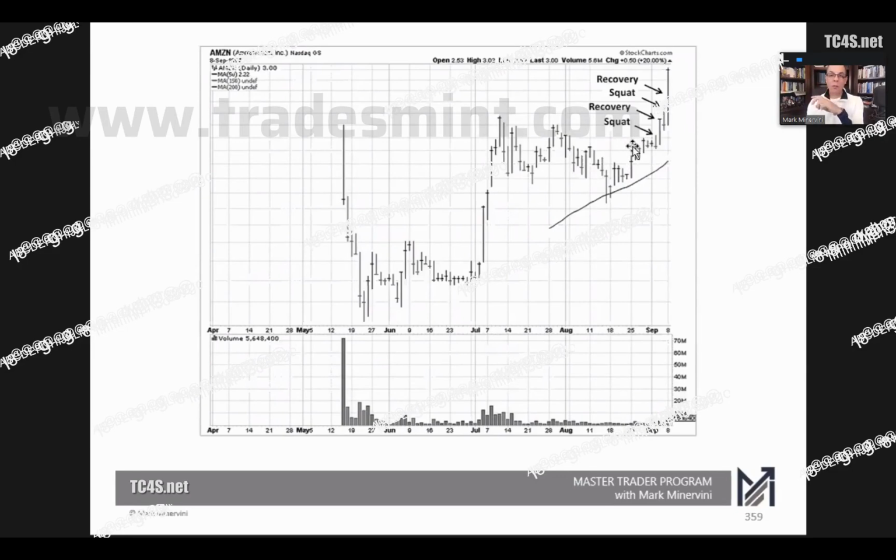It wasn't until I observed the lower third for like 10 or 15 years that it was working that I even started having confidence to play it. But I bought right here and it squatted. Then the next day you had the reversal recovery. The next day it came out and squatted again, and you had another reversal recovery. But that's where I bought Amazon the very first time.